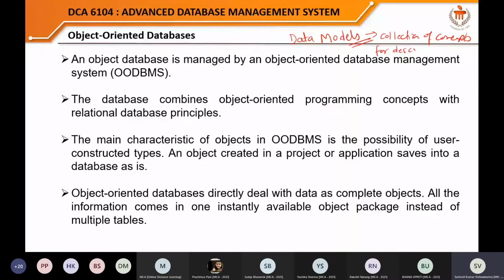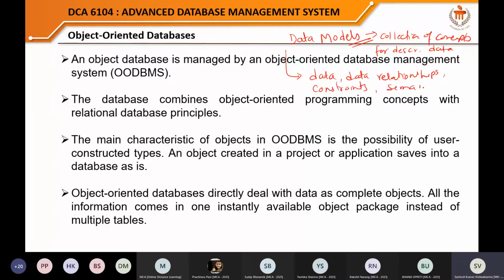Now, what are the components of data models? You have learned that the components of data models are data, okay, let me write also, it may be data, then data relationship, data constraints and semantics.